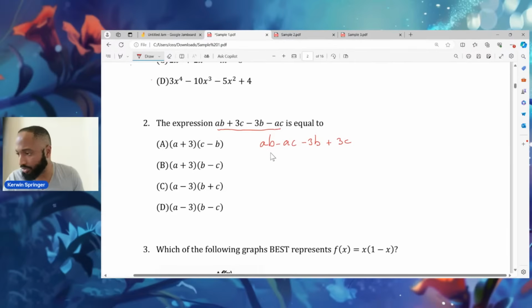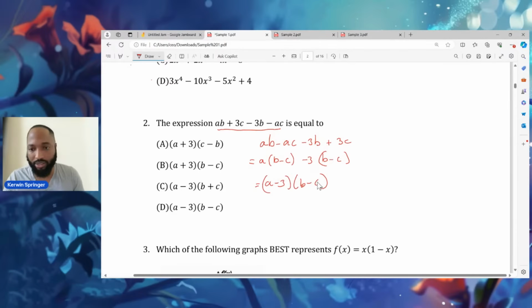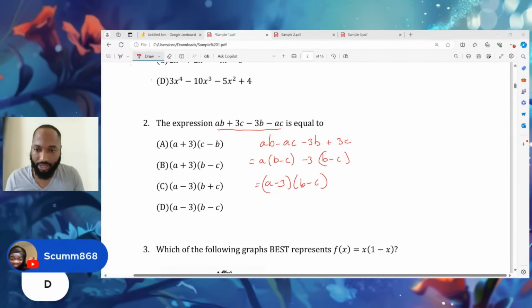Now I'm going to factorize A out of this and I'll get B minus C. Then I take this B minus C and put it back here. What I factorize out of the other pair, to make everything right with the world, is definitely a negative 3. You'll end up with A minus 3 by B minus C. Well done.